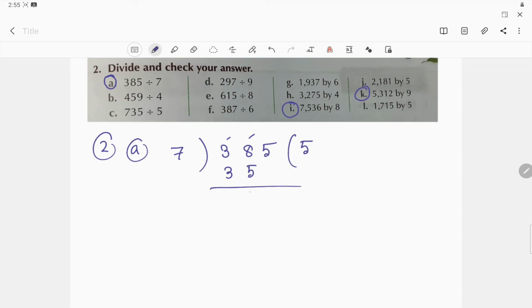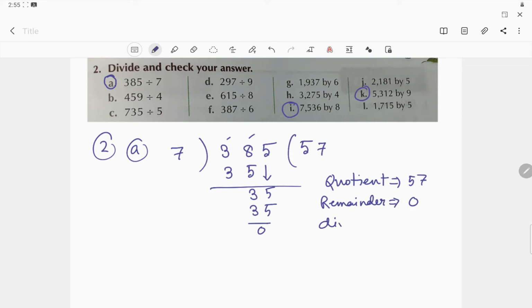If you subtract, you will get 3, and now bring down 5. Again 5 7s are 35. You are getting 0. So here quotient is 57, remainder is 0, and divisor is 7.